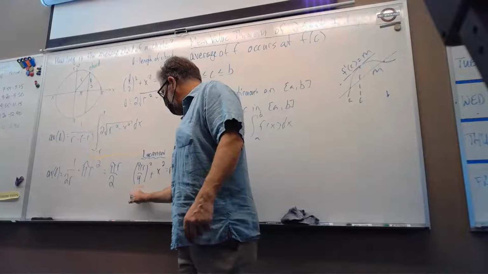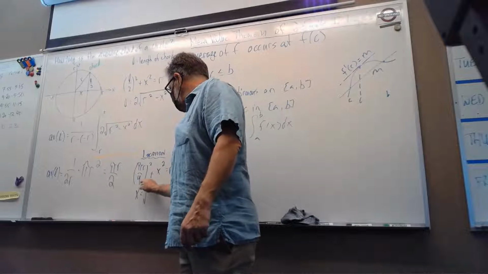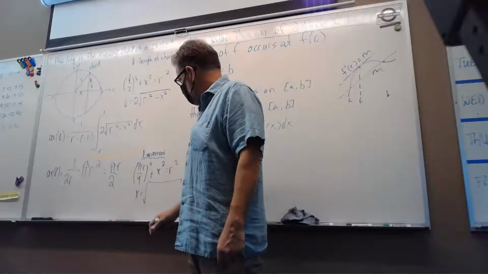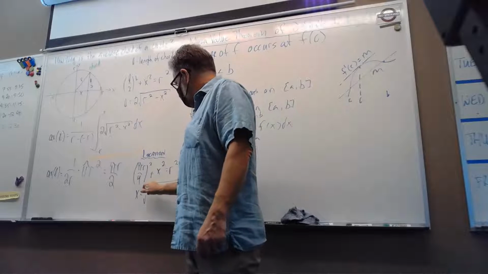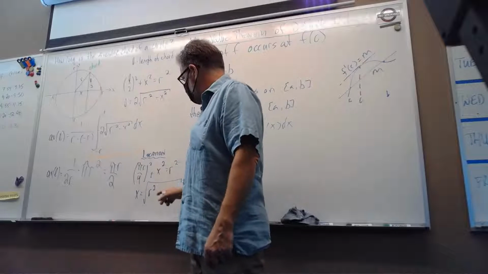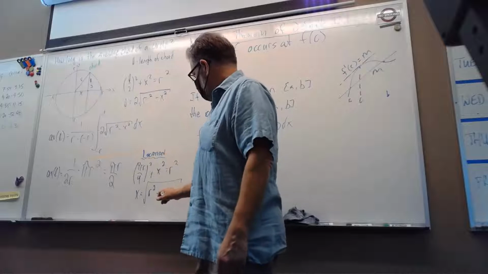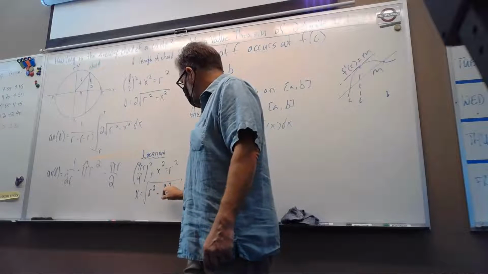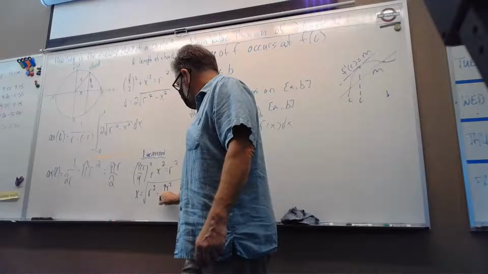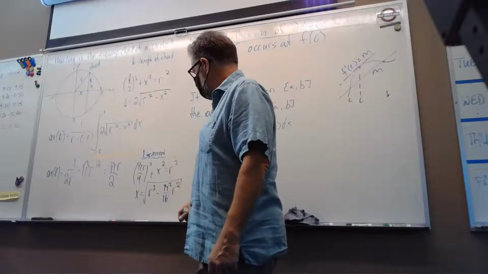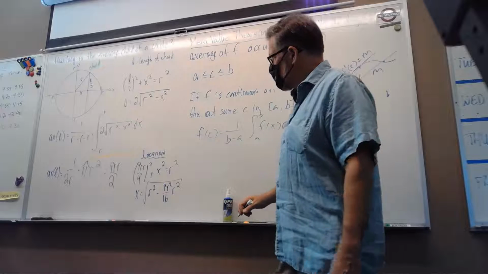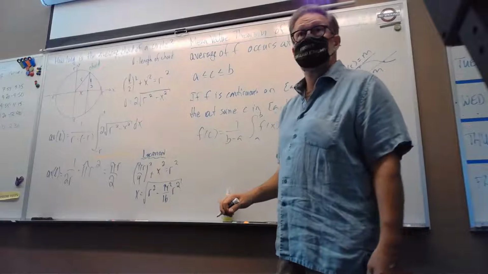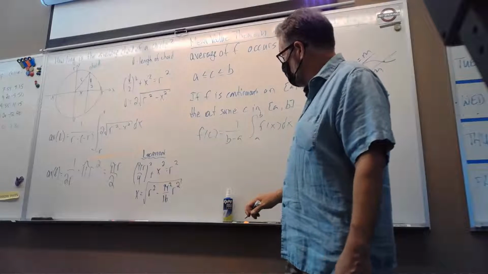That means that x is equal to the square root of r squared minus, let me simplify that a little bit, pi squared over 16 r squared. Agreed? Stop me if I get it wrong.